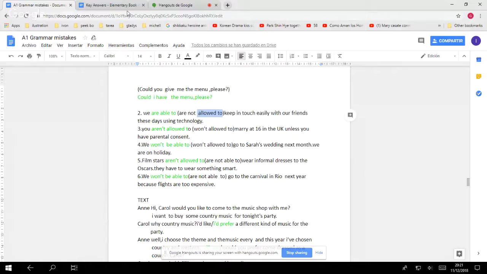Or you have permission to go to one side. For example, you are not allowed to go to the police station because that is prohibited. No tenemos permitido ir allá.